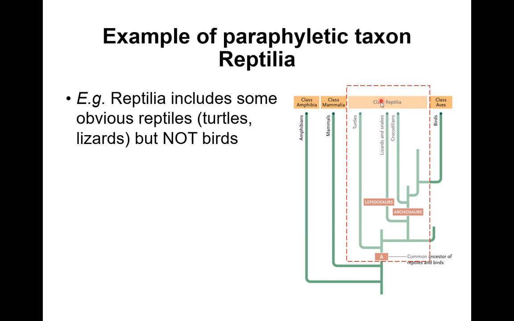Now, if you look at reptiles in a phylogenetic tree, you see that reptiles include a common ancestor here, different types of organisms such as turtles, lizards, snakes, crocodiles, but then do not include another group that is evolutionarily related, which are actually birds. So they don't include all the organisms that have originated from the same common ancestor, but only some of them, and therefore it is referred to as a paraphyletic taxon. If it was a monophyletic type of taxon, it would be expanded to include also birds. Okay, and that would also be referred to as a clade.